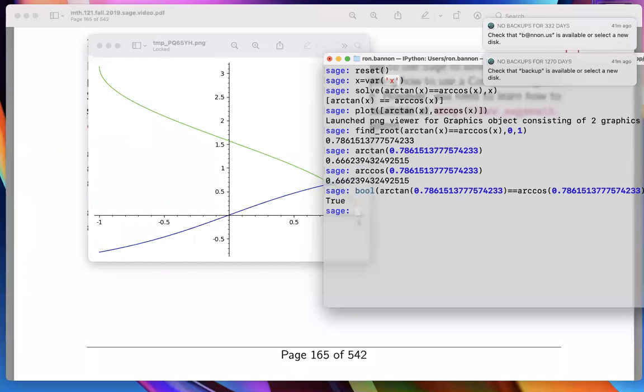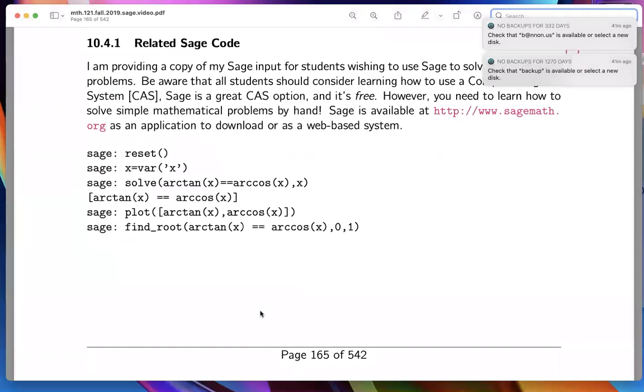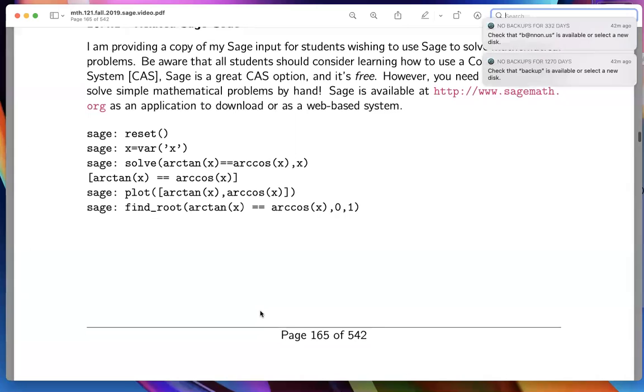Within the machine's level of precision, these are the exact same numbers. And that's important to know. The truth of the matter is, though, that's an approximate truth. It's not the exact answer to it. The exact answer would be quite difficult to come up with. All right. So that's about it for that problem over there. I think it wasn't too much Sage code there.